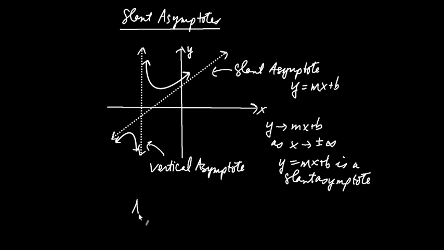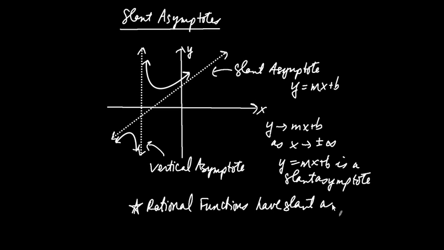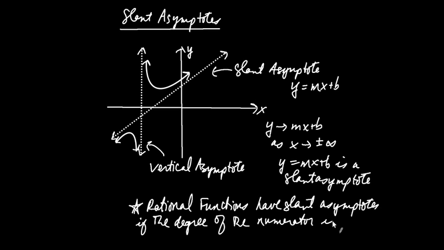Now, the thing to remember about rational functions is this rule that you can always use: rational functions have slant asymptotes if the degree of the numerator, so the degree of the polynomial in the numerator, is one more than the degree of the denominator.